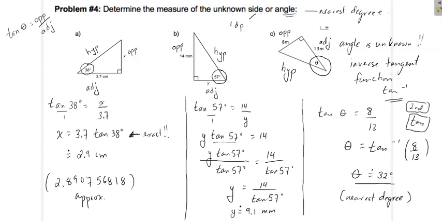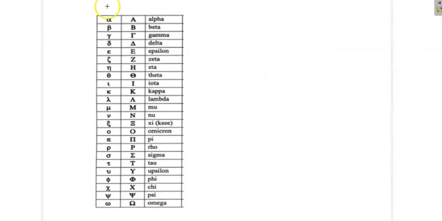Last and not least here, I have some of the letters in our Greek alphabet, and I'm going to point out the ones that are used the most often. Alpha, beta, where on earth is theta? Theta, theta, theta, where are you? Theta, and possibly lambda.